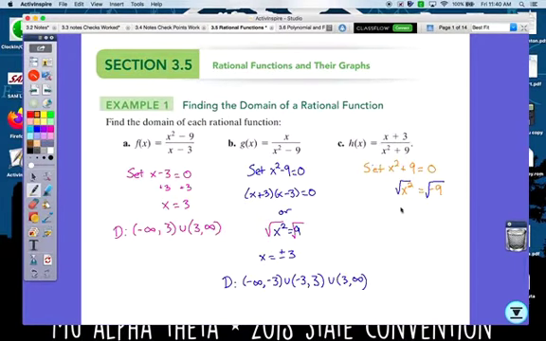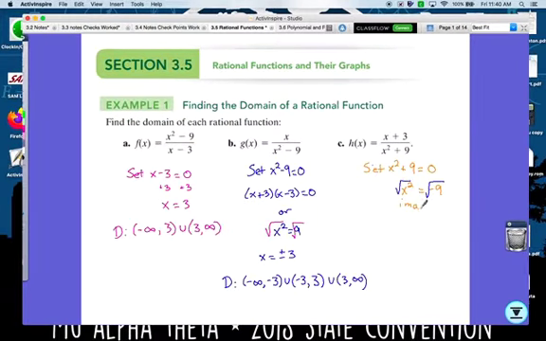Since these are imaginary, your domain goes from negative infinity to positive infinity because there are no problems. And that's the domain.